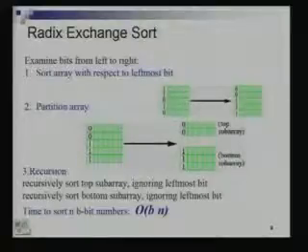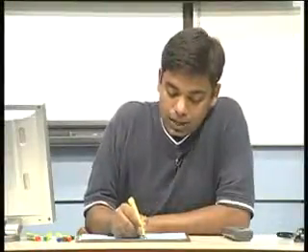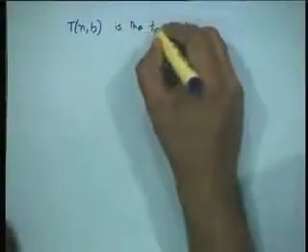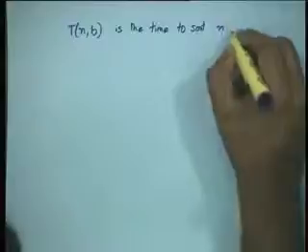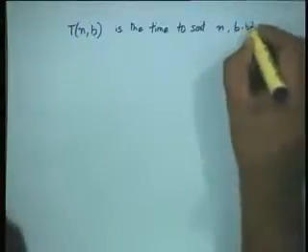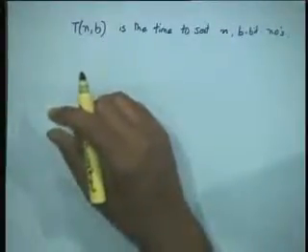Let me switch and write a recurrence. So T of n comma b, why comma b? Because the number of bits matters. This is the time to sort n b bit numbers. Let's say this is T of n comma b.